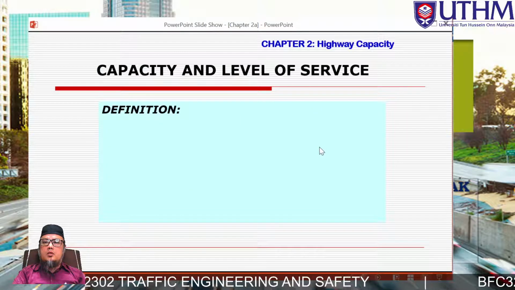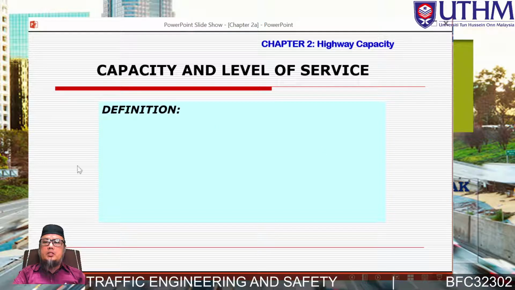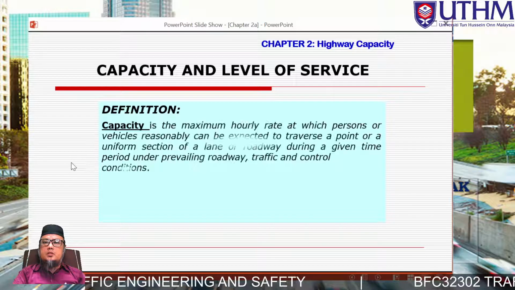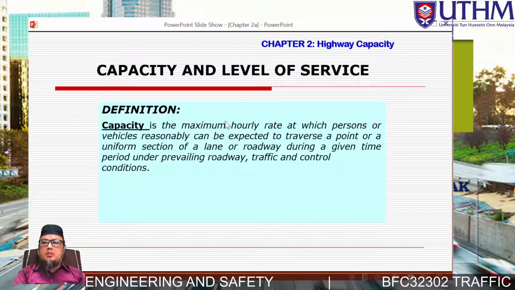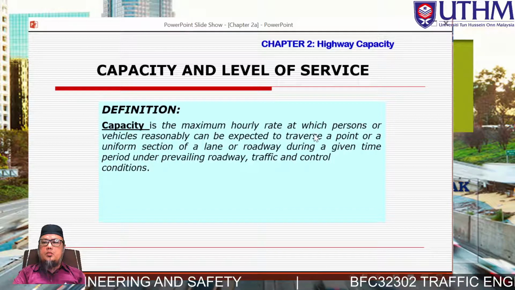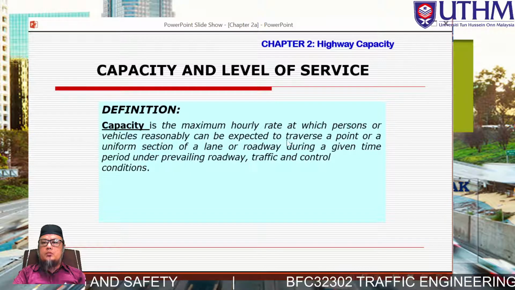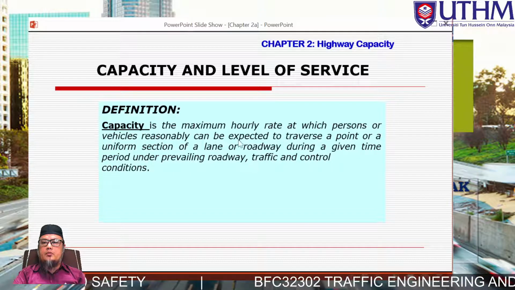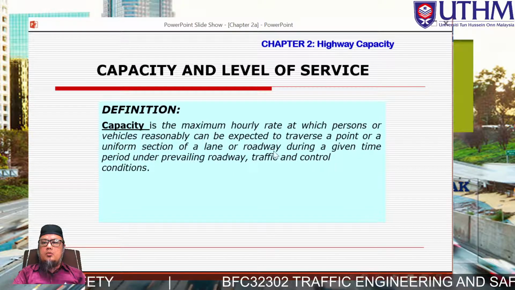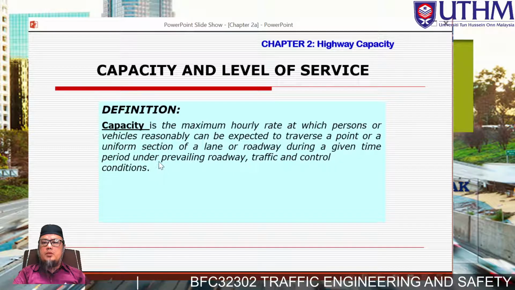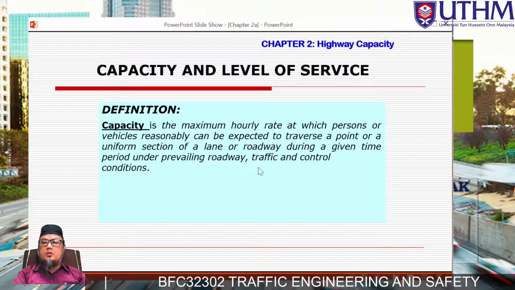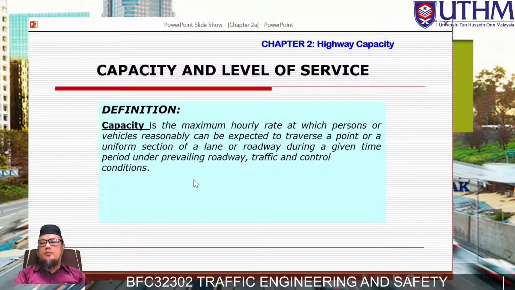Okay, look at this definition of capacity. Capacity is the maximum hourly rate at which persons or vehicles can reasonably be expected to traverse a point or uniform section of a lane or roadway during a given period under prevailing roadway, traffic and control conditions.